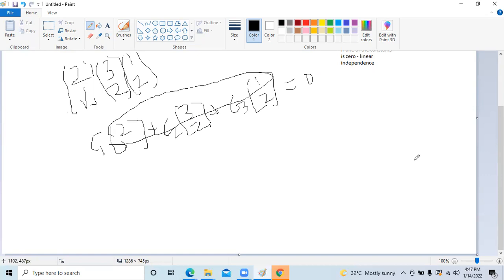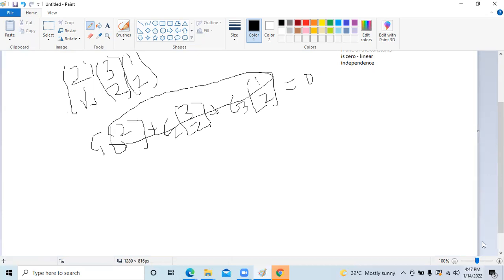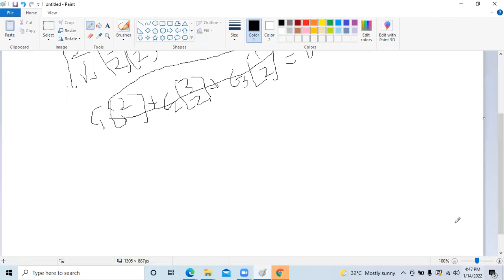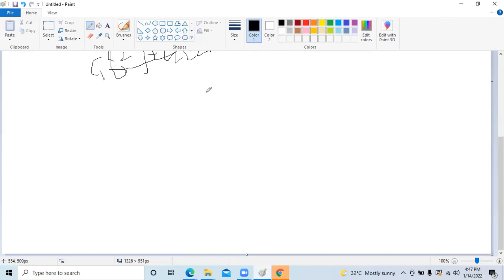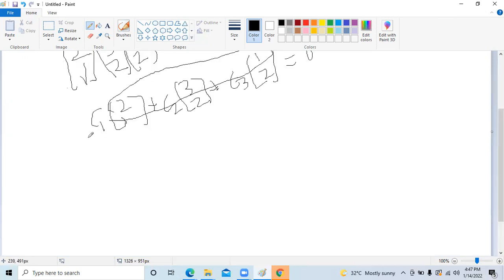So in solving for that, now I have 2C1 plus 3C2 plus C3 equals to 0.